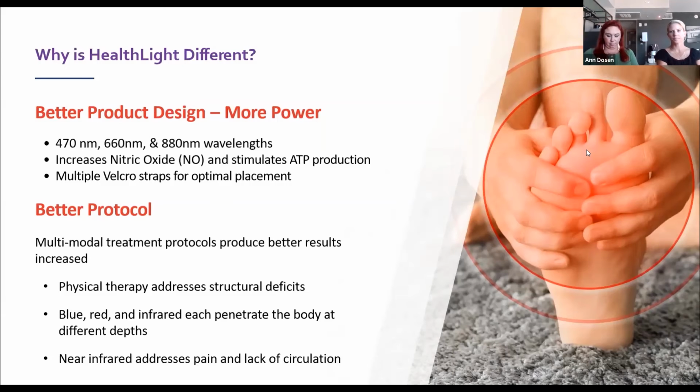You set those objective measures up front, and then you show them later how it's happened. And of course, we're going to address that pain, the lack of circulation, the muscle spasms, et cetera, along the way. And that's going to get you the result that you're seeking and have happy patients. And those happy patients are going to give you more referrals. More referrals is going to lead to a busier office, higher revenue, therefore higher profits for you.